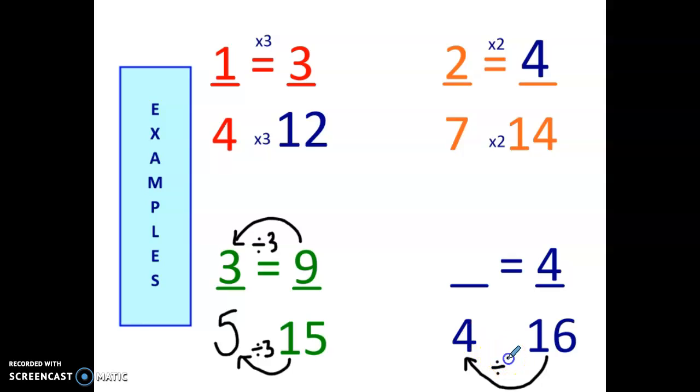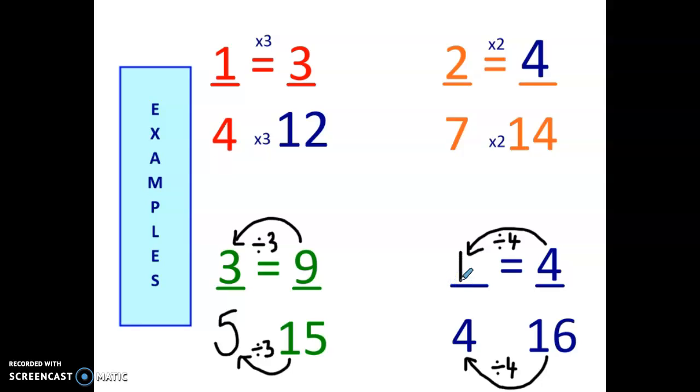That's right, I'm dividing by 4. 16 divided by 4 gives me 4. I must do the same to the top as I've done to the bottom. So I'm going to do 4 divided by 4. Use your times table grid to help you find what is 4 divided by 4. Correct. The answer is 1.